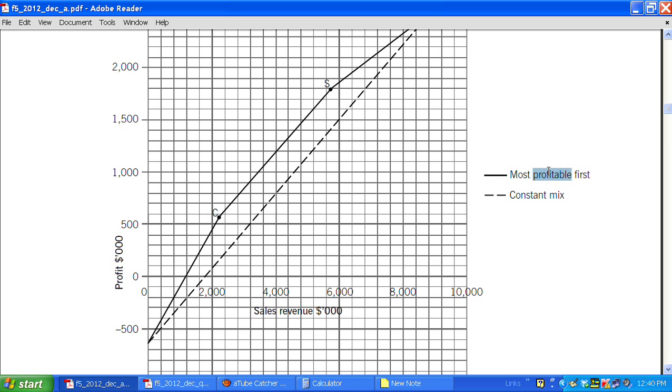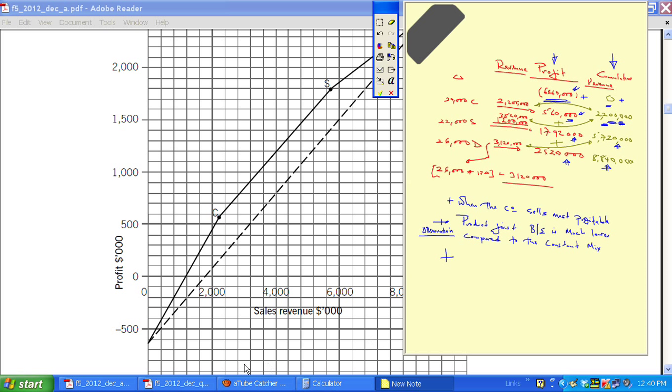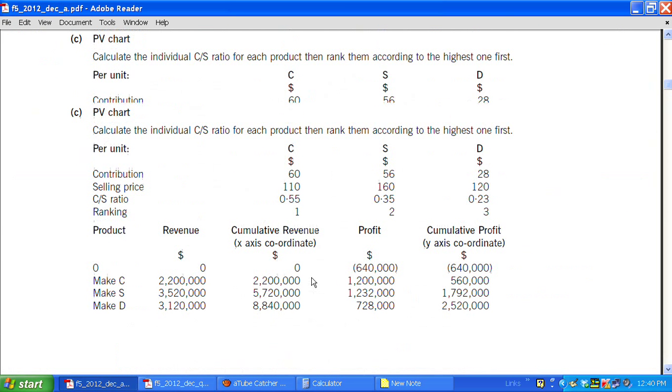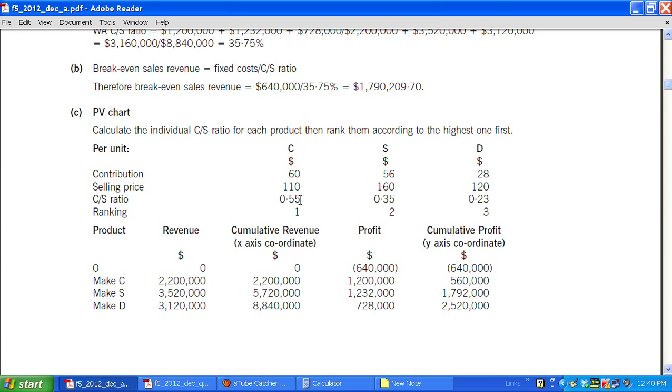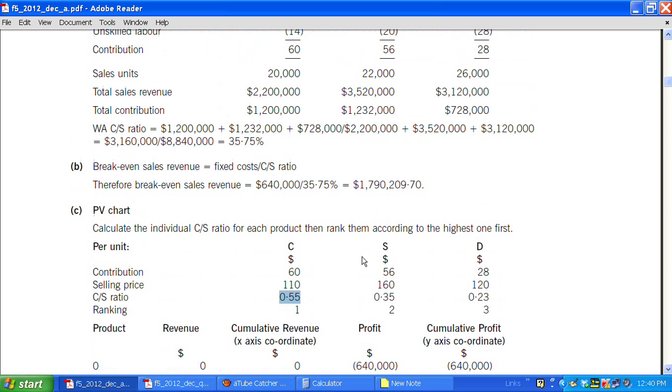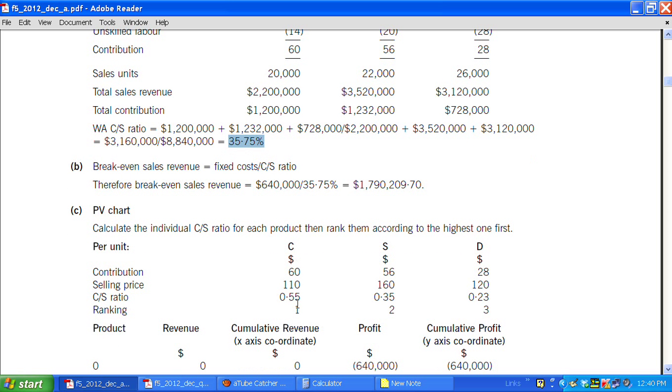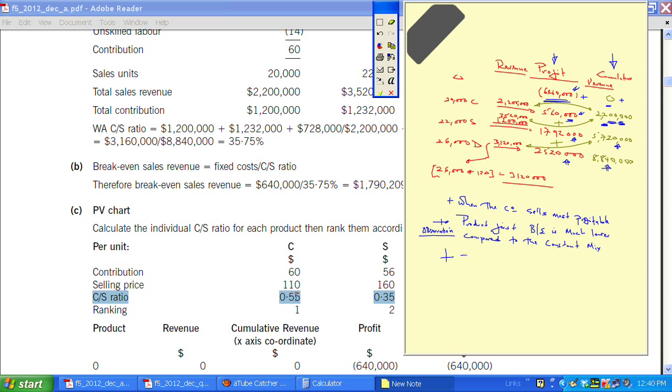If we go back to the answer, let's look at what happens to the CS ratio. You see the CS ratio of C is 55%, but the weighted average CS ratio was 35.75%. So we are justifying the above statement.